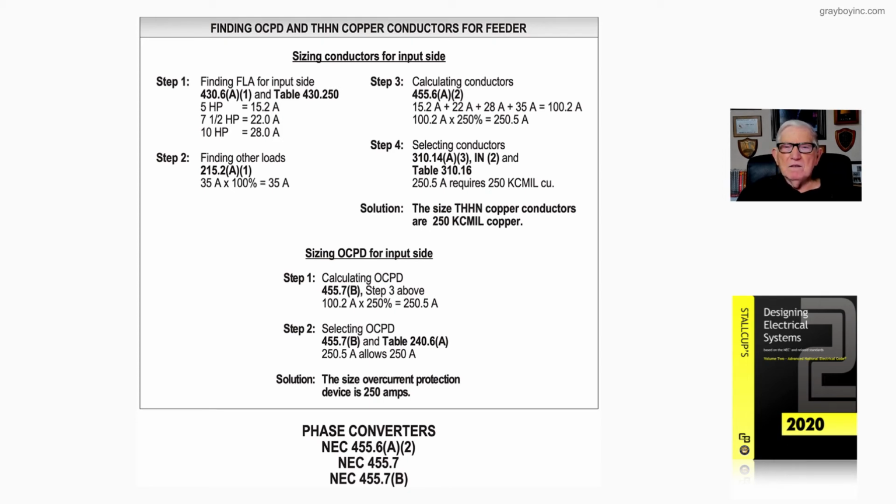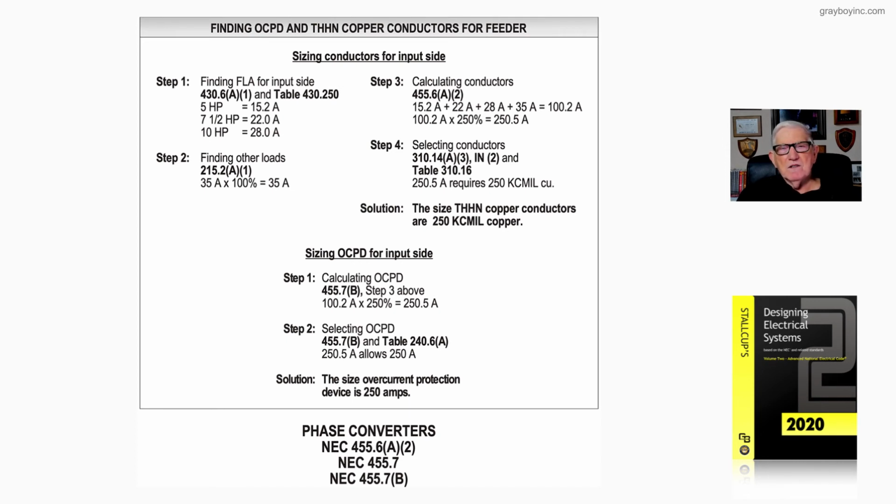But right now, the solution is just a 250 kcmil conductors to supply these converters along with their motors and other loads.